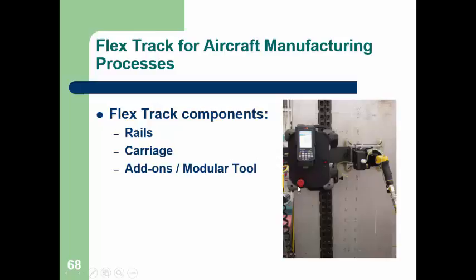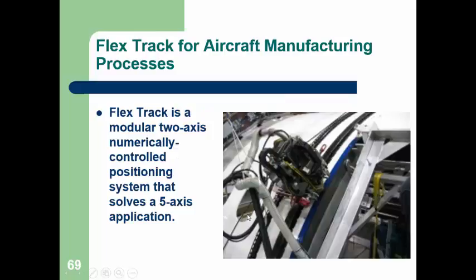This is a device called FlexTrack, that's made by Electro Impact up in the Puget Sound area. It was originally developed for Boeing so that it could crawl up the side of a large fuselage and insert rivets. Here you see it installed on what looks like a 737 fuselage.